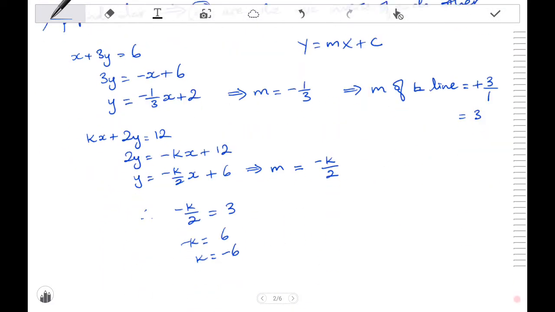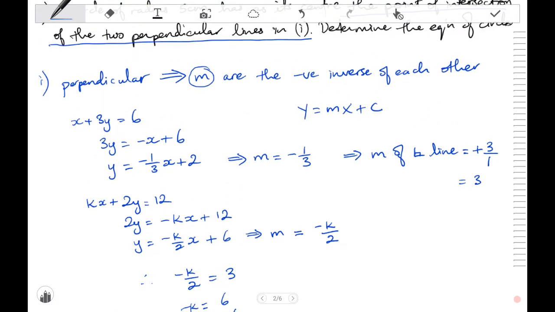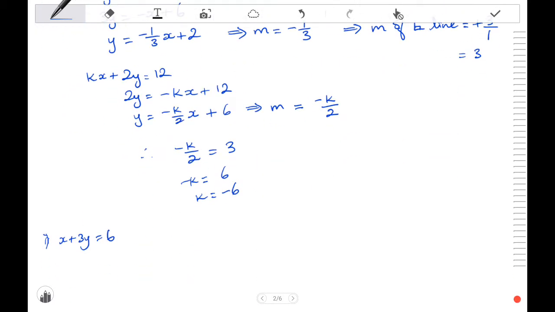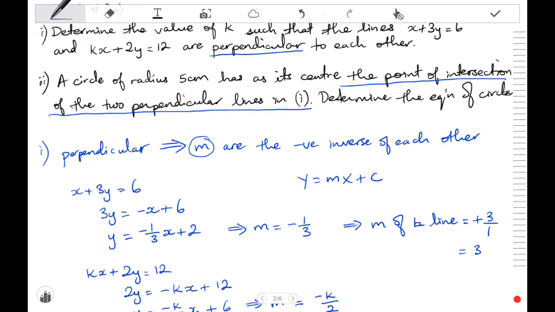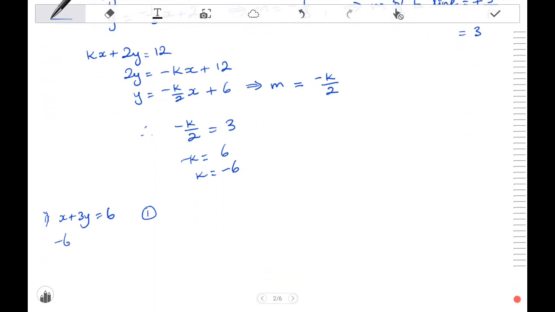We had x plus 3y equals 6, and the second equation is kx plus 2y equals 12. We just determined the value of k is minus 6. So this is equation 1. The second equation is minus 6x plus 2y equals 12, equation 2.